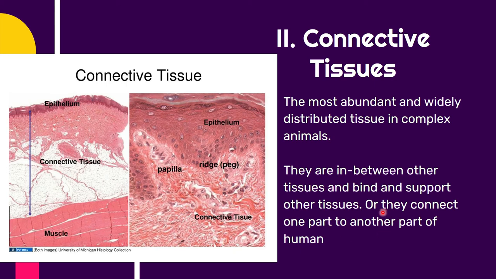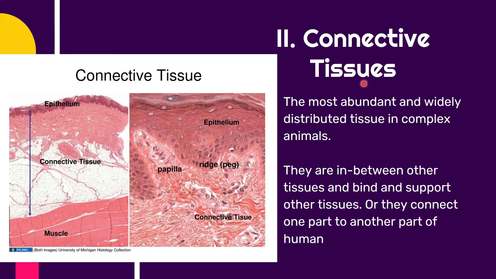And also, connective tissues connect one part to another part of the human body or of animal body. For example, we will get to see later, there's this certain type of connective tissue that connects muscle to bone. Okay? So, we'll get to know that later. So, ginatawag siya og connective tissue because it connects various tissues or body parts.